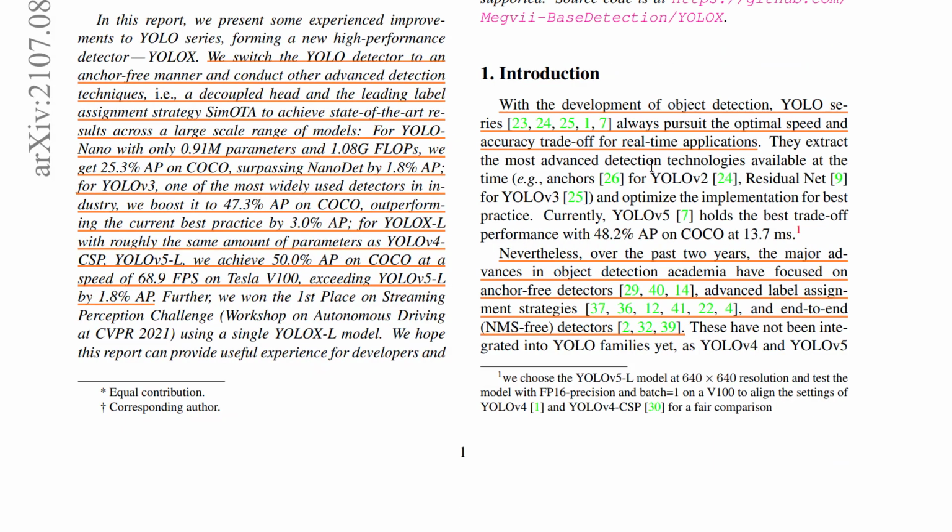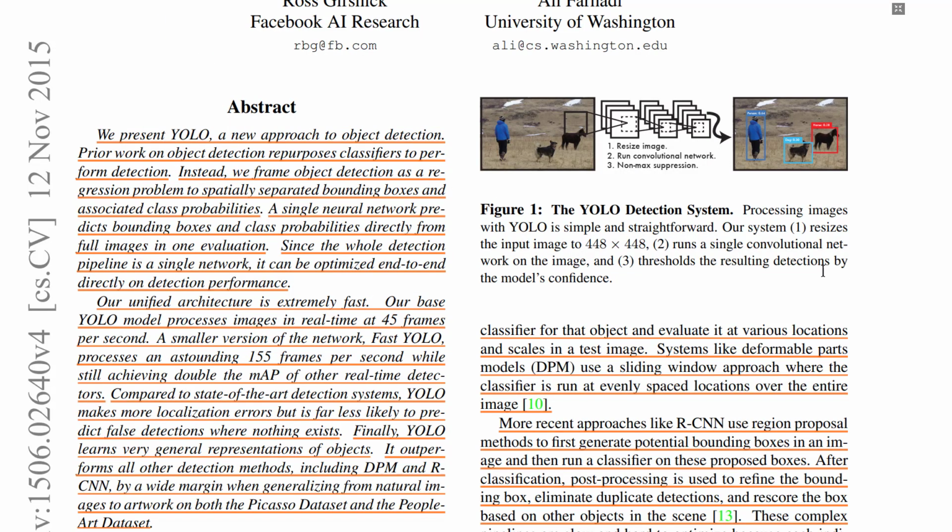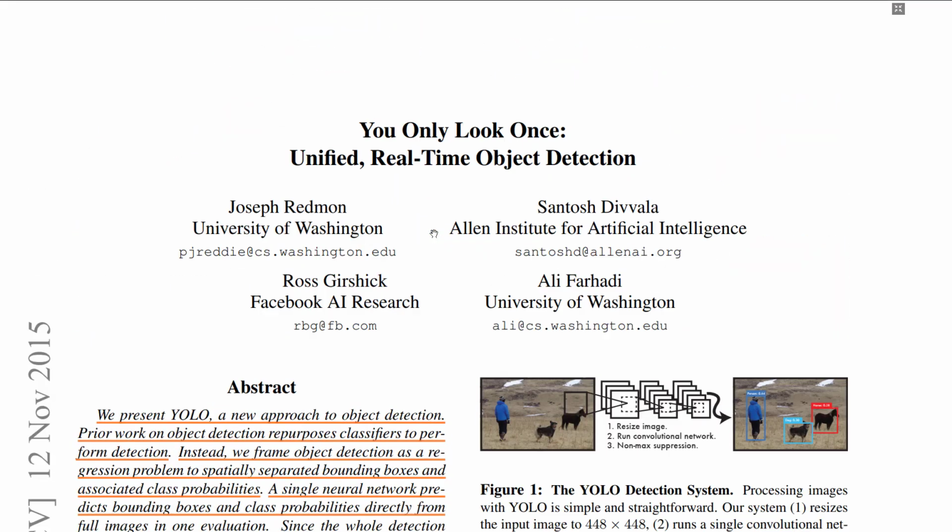Models in the YOLO series have always been built with the idea of getting an optimal speed and accuracy trade-off for real-time applications. To better understand this YOLOX paper, let's take some steps back to the original YOLO paper, which is the YOLO version 1 paper.